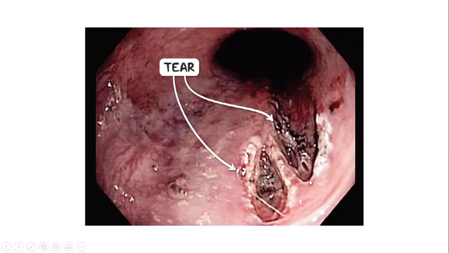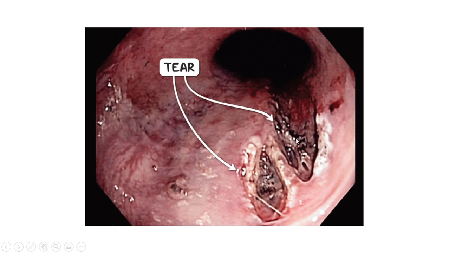This picture shows what we mean by Mallory-Weiss laceration: a longitudinal tear in the mucosa and submucosa, and exposed here is the muscular coat, which is not involved.